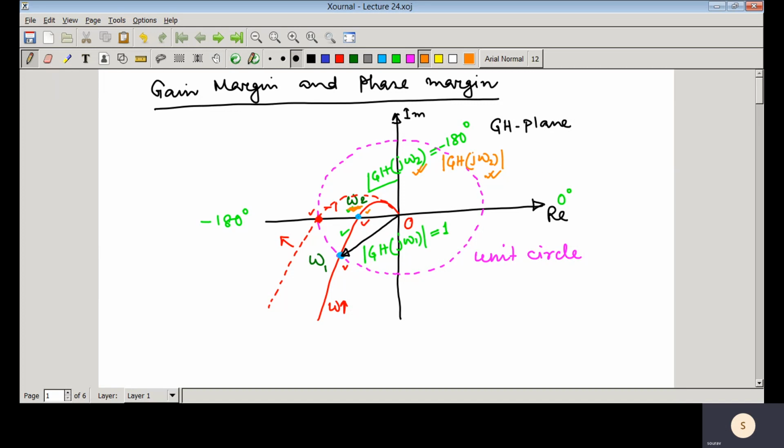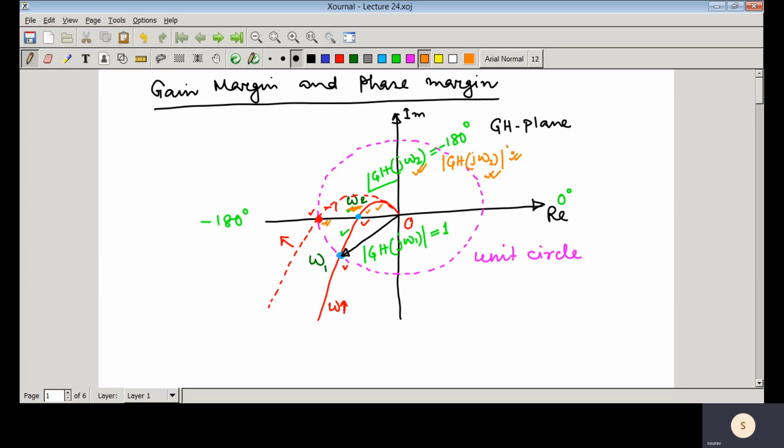So whenever it is 1, what happens? This Nyquist plot will be passing through that critical point, and when it passes through that critical point, that system would be on the verge of instability. So this is a measure. That means this Nyquist plot, how far it is from that critical point. That means if we take the reciprocal of this gain, it tells you how far it is.